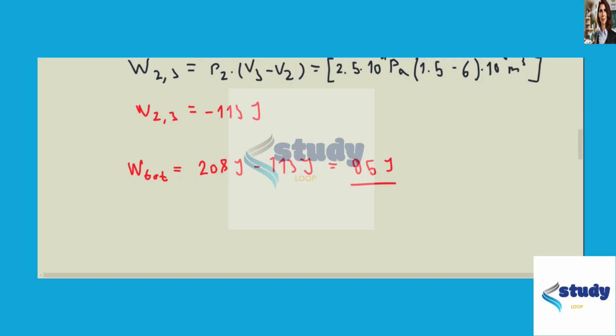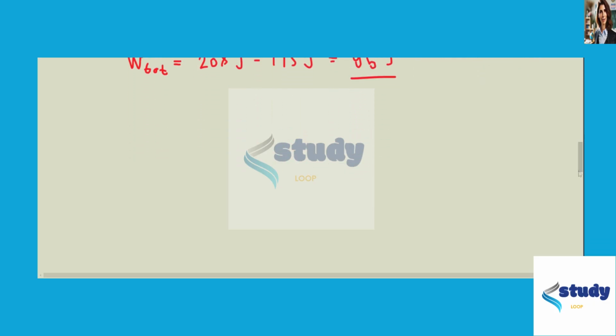And for the part D, which is the last part of the problem, we have to understand that to return this gas into its original pressure and temperature, we need to stop any work that is being done. So in order to get the work being done on the gas reduced to zero, we need to heat the gas at a constant volume.